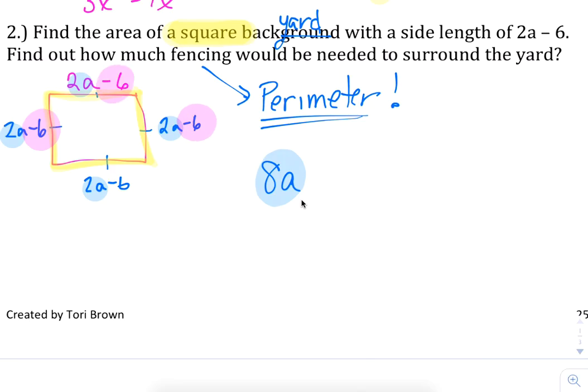Negative 6 minus 6 makes negative 12. Minus 6 again is negative 18. Minus 6 again is a negative 24. So my final answer is perimeter equals 8A minus 24. Okay. Take a second, go ahead and copy anything you need to, and I'll meet you on the next page.